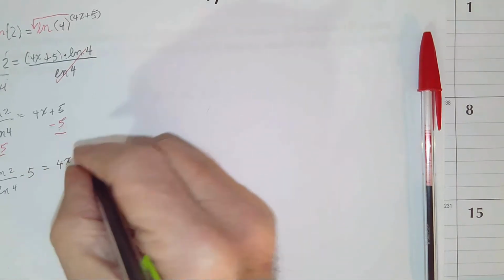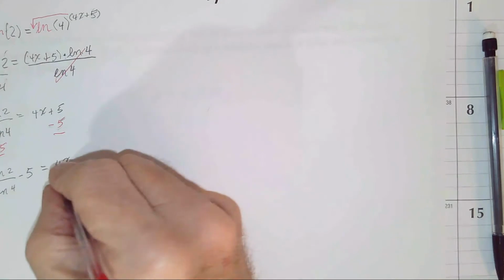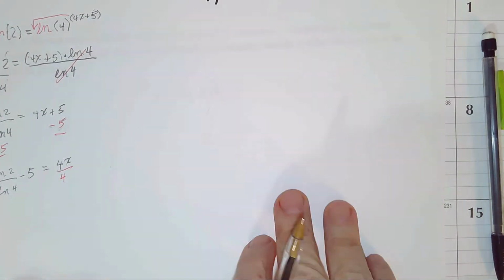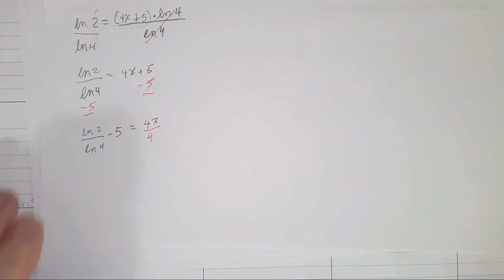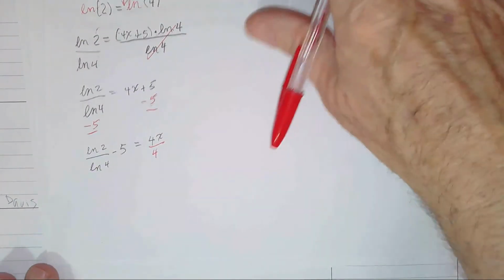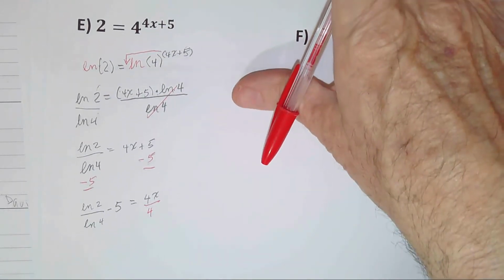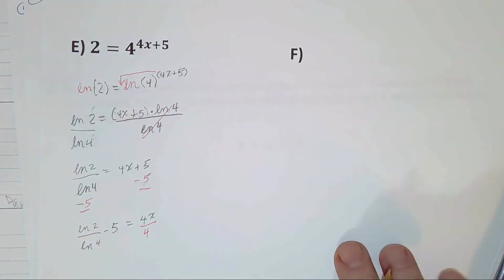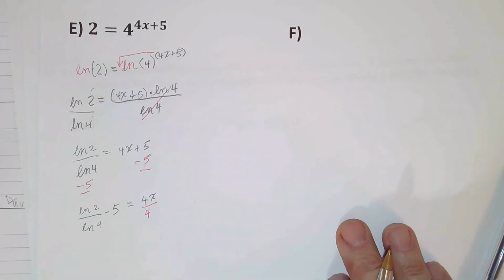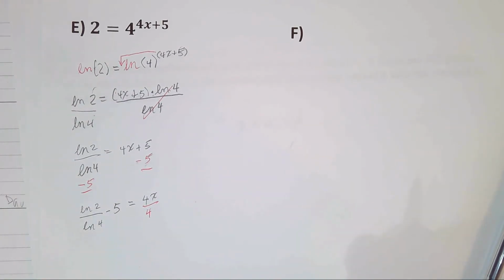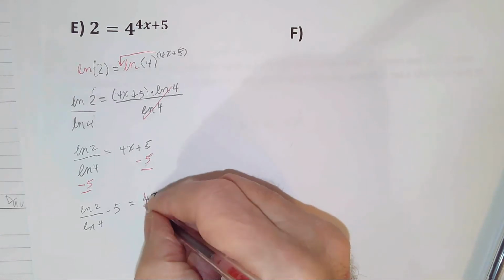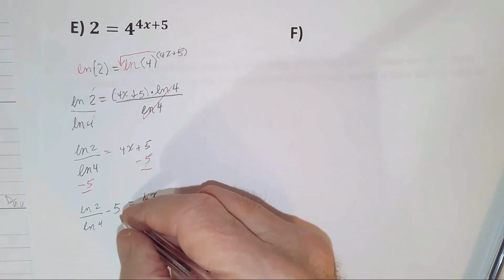Now I've got to divide by 4. Let me move this over. Sorry, I got it far out here. Okay, let's let you see this for a second. I think I was working off the page here. Okay. So that's where I am so far. I'm going to divide by 4 now. And I've got to divide the whole thing here by 4.